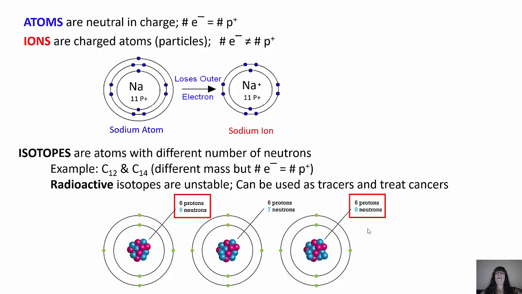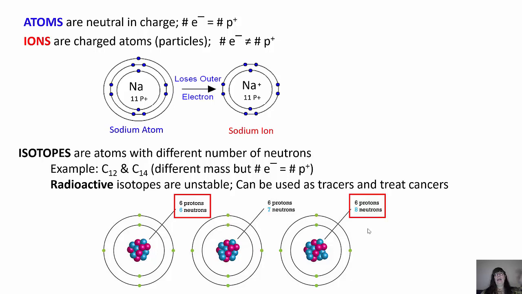So isotopes are atoms that have different numbers of neutrons. So carbon-12, carbon-13, and carbon-14. They have a different mass, so they have a different number of neutrons, but the electrons and the protons are equal. So they do not have anything messed with as far as the charge goes. Okay.